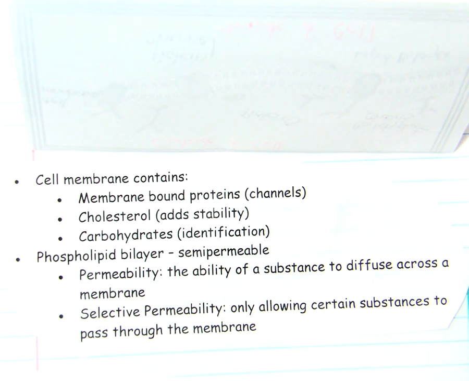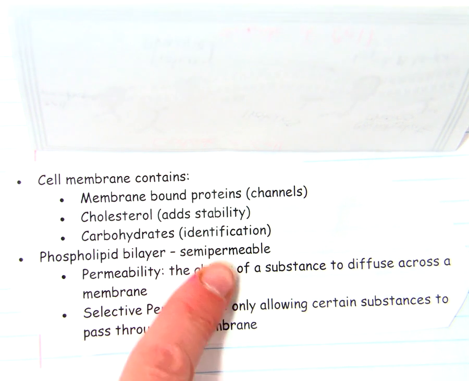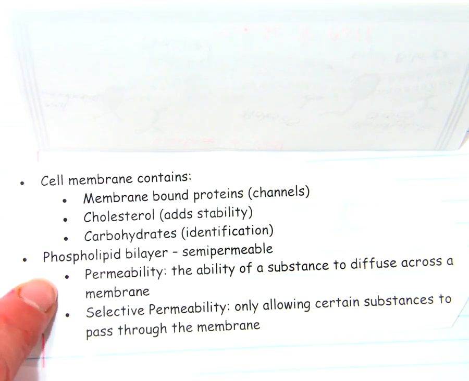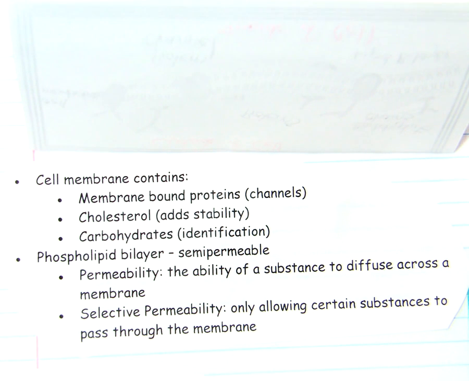Permeability is the ability of a substance to diffuse or pass across a cell membrane. Selective permeability, same thing as semi-permeable, is allowing only certain substances to pass through the cell membrane. For the next 2 weeks between now and Thanksgiving, we'll talk a lot about how the cell controls that.